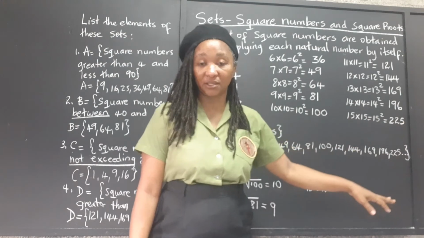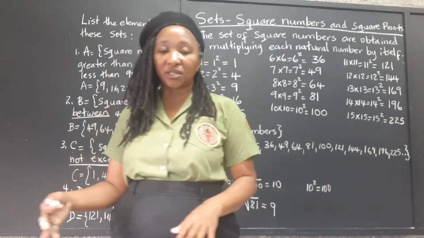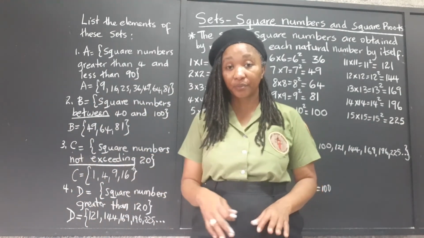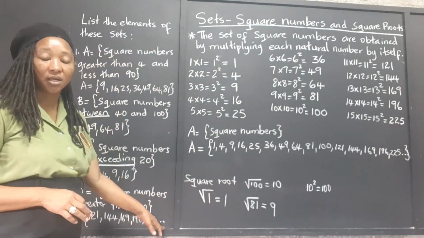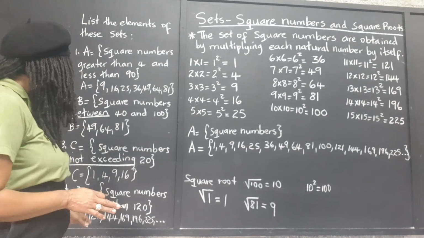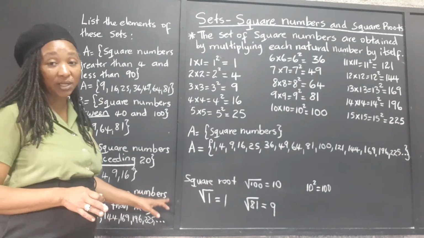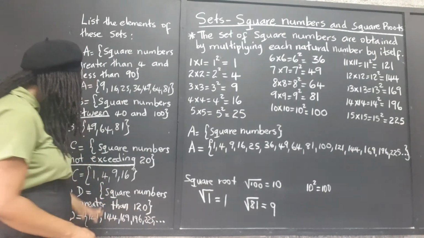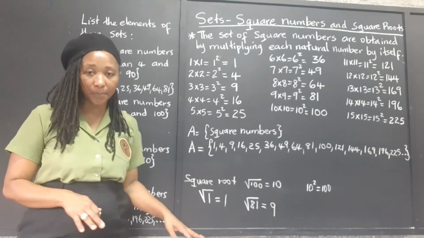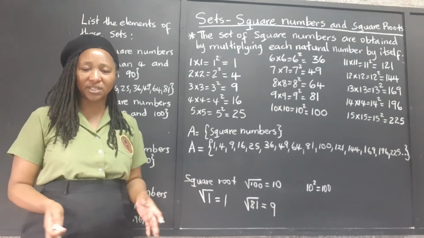We know that square numbers continue forever. So we put our ellipses to indicate that the square numbers that are greater than 120 go on forever. We listed some of them to show that we know our stuff, right?